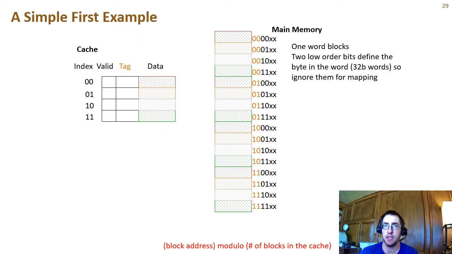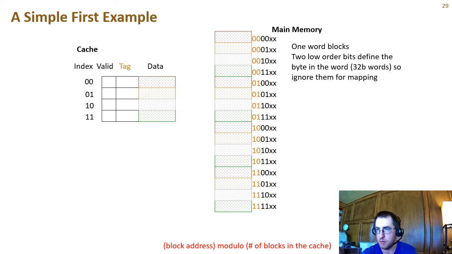So let's look again at another simple example, an illustration of how direct map caching layers main memory over the cache. So here we have a 4-block cache, and we've got one word blocks again with a word size of 32 bits, so 4 bytes. So 2 low order bits are going to identify the byte in the word, so that's the offset within the word, and we ignore that for the mapping part.